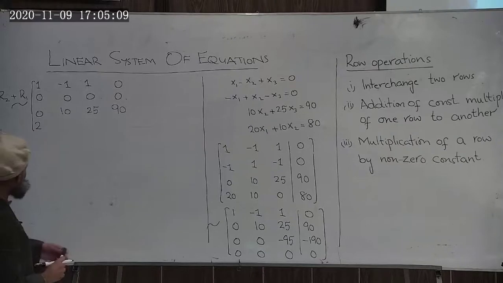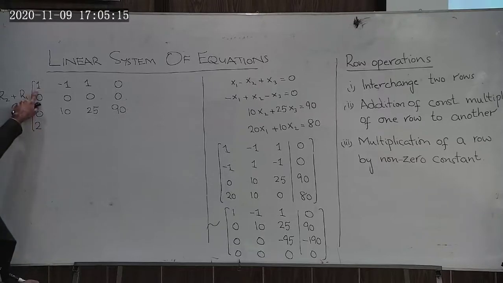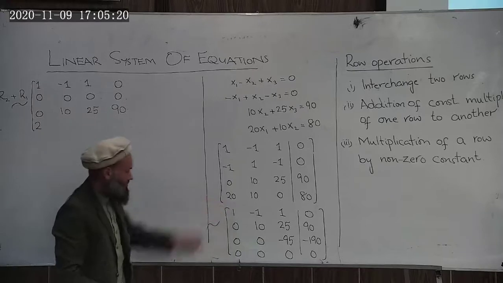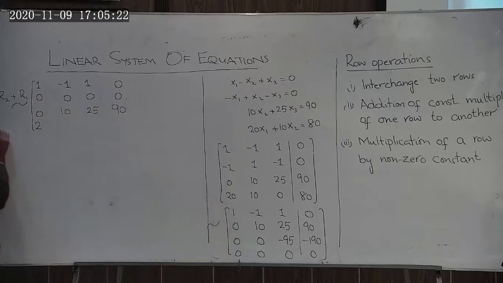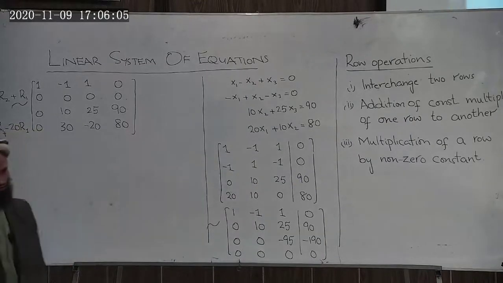We can even do it in a single step. Here we can multiply the first row with 20 and subtract it from the fourth row. That is, row 4 minus 20 multiplied by row 1. So what do we get? Is it correct?